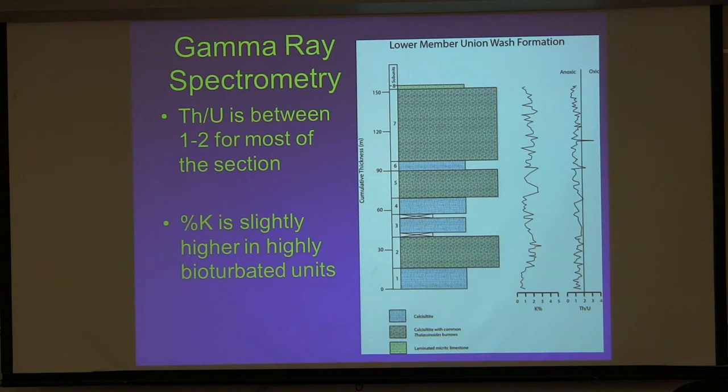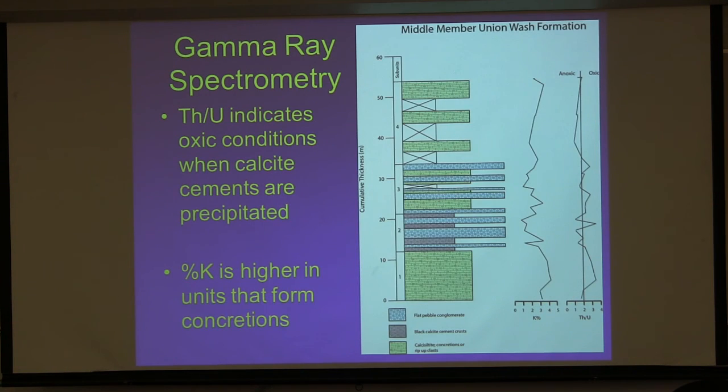For our gamma ray results, we are actually right below the anoxic-oxic line most of the way through the section, with the exception of a couple spikes. The K percentage was slightly higher at the bioturbated units, but not significantly so. For the middle member, we actually had oxic conditions right around the line.